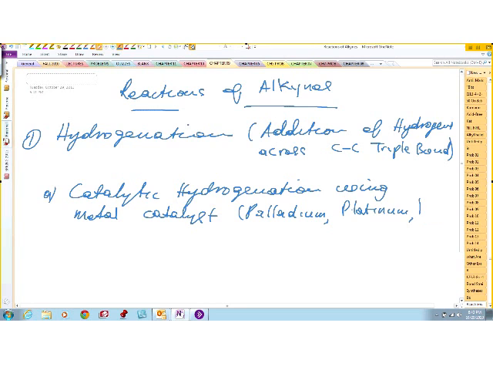Sometimes we use palladium on carbon, Pd on carbon. Sometimes we use platinum oxide. So these are the various types of metal catalysts that we could use in catalytic hydrogenation. A few examples.